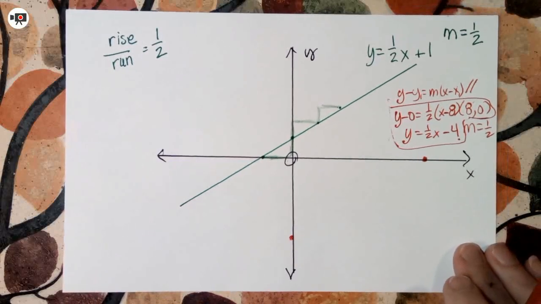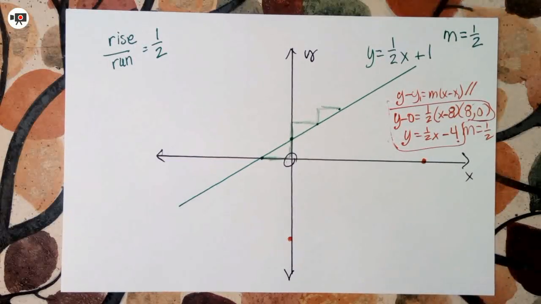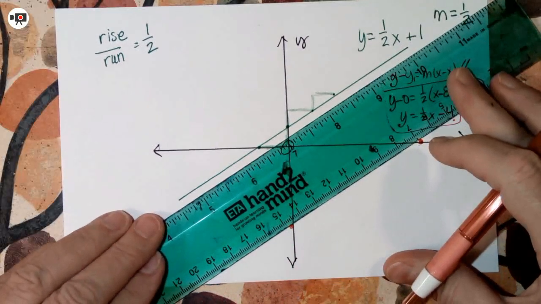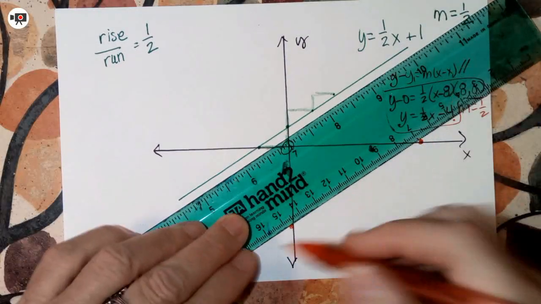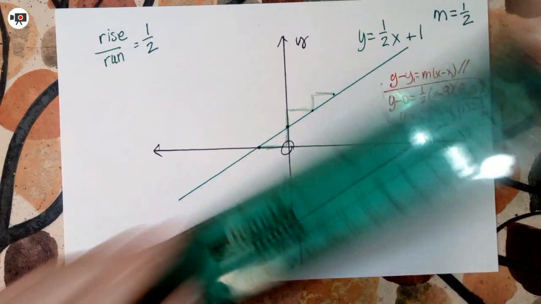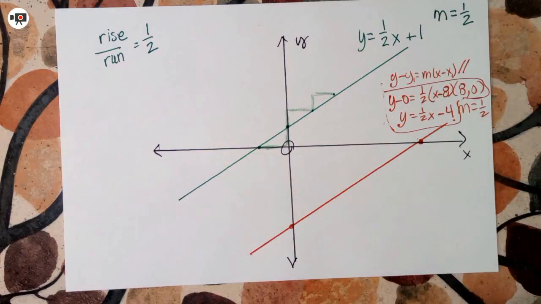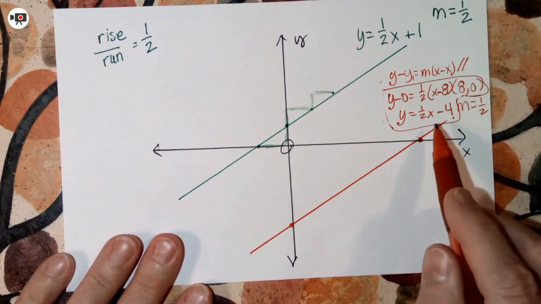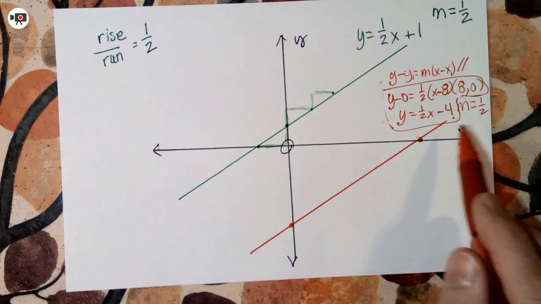Look, we have 2 points. We can draw a line. Remember, 2 points determine the line. As long as you've got 2 points, you're doing good. Ooh, hey, I did that pretty straight. I'm impressed. So there we have the line y equals 1/2 x minus 4.